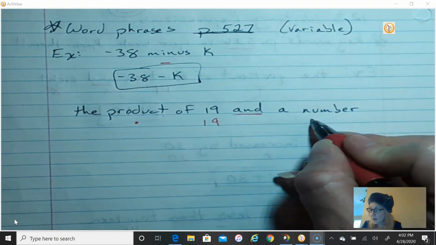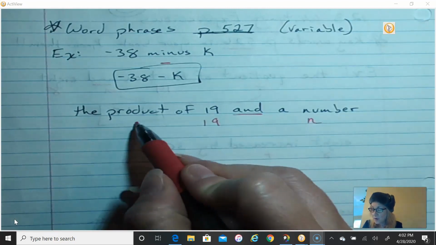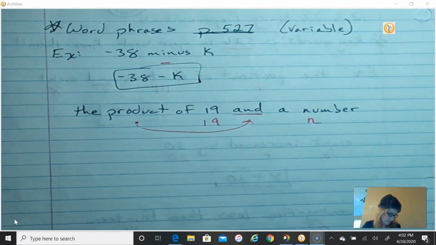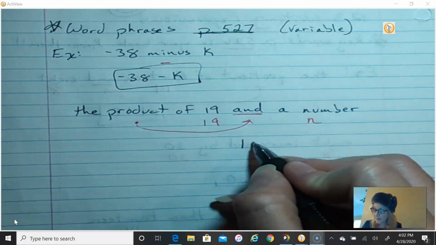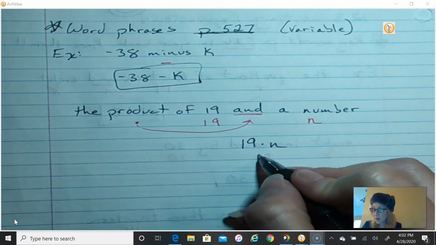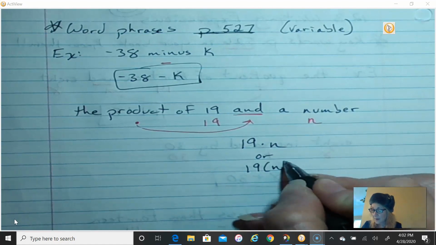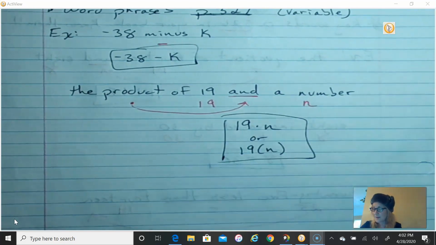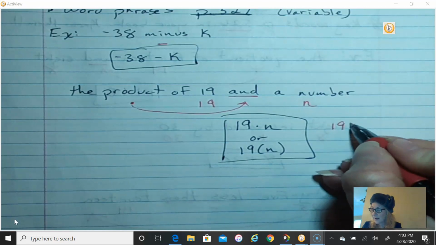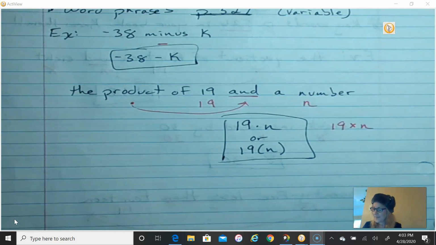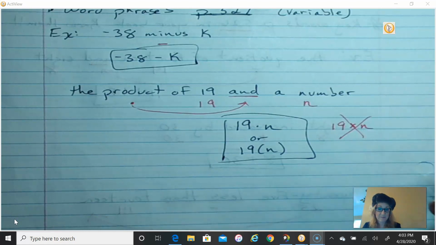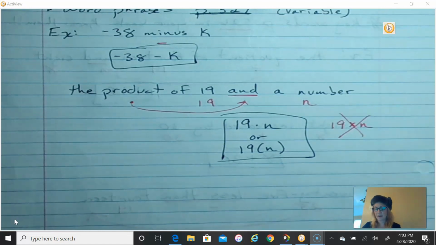So we are multiplying 19 and N. You could write it as 19 times N or 19 times N this way. Either one is okay. Notice why we wouldn't put an X there, because 19xN could be confusing. In the world of algebra, you just said 19 times X times N. Kind of like that substitution thing y'all just did.